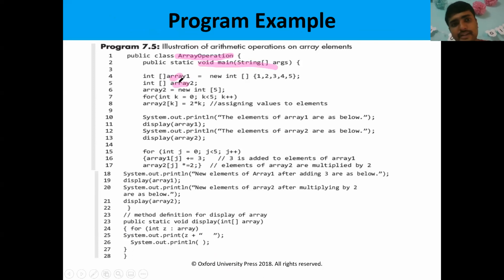Array 1 is initialized to the values 1, 2, 3, 4, 5. Five values are initialized to array 1. But array 2 is just declared, initialization is not done. Array 2 is equal to new int of 5. We have given the size, but we have not initialized the values.